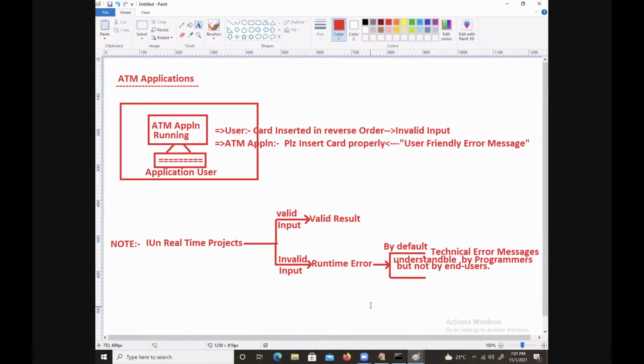That's why programmatically, my dear students, I'm taking one more line just below that. I'll drag it and write it. Programmatically, it is always recommended that you give which messages? User-friendly error messages.